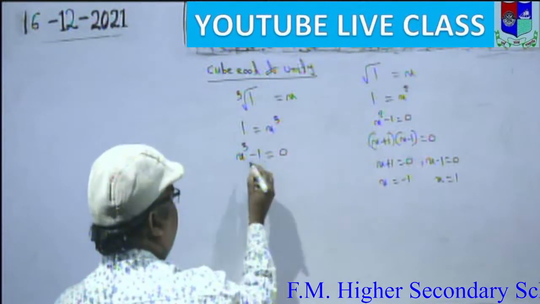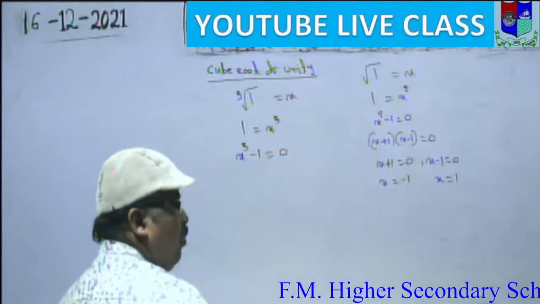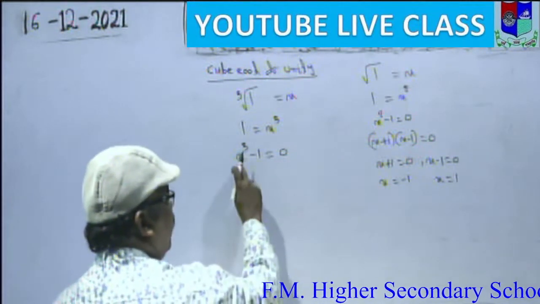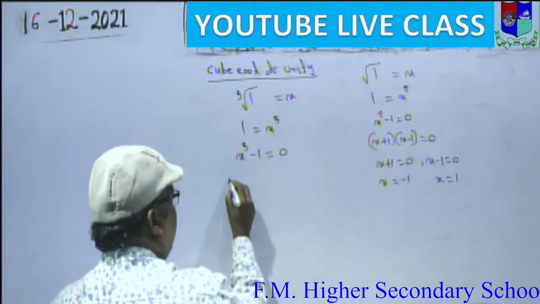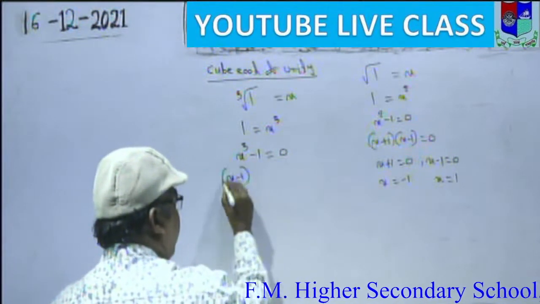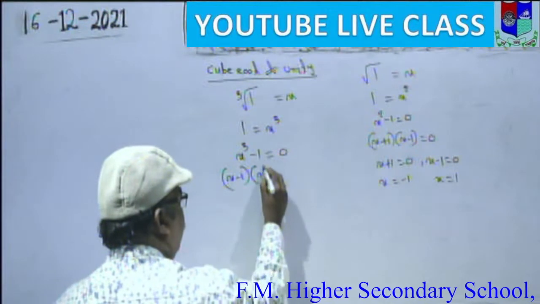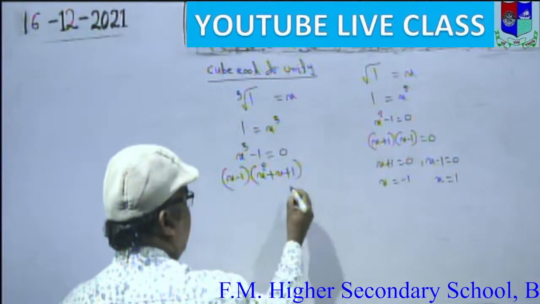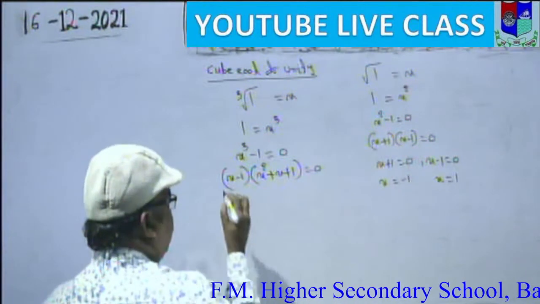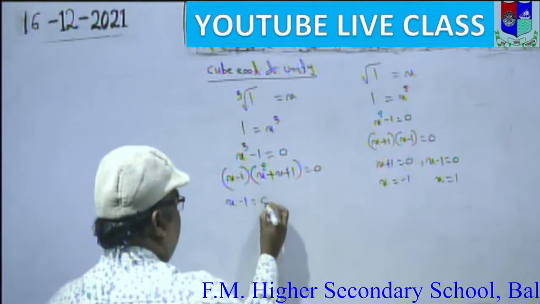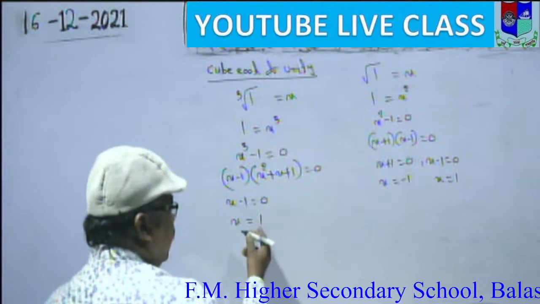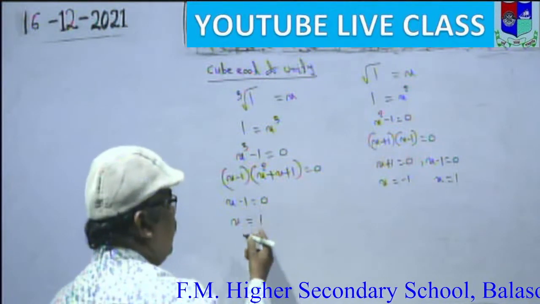After factorizing it using a cube minus b cube formula, 1 means 1 cube. So a cube minus b cube formula, we know it is a minus b into a square plus ab plus b square. So once x minus 1 equal to 0, then we find x equal to 1. It is a root and we know it is a real root.